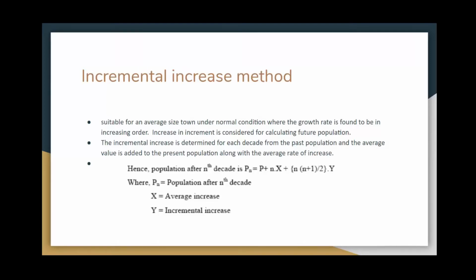In this method, we are calculating the increase in increment. That is the average, x bar, we are calculating. Then the next column is increase in the increment. Based upon the values in the x bar column, we again calculate the increase in increment, and the average of the same has to be calculated, denoted by y bar.